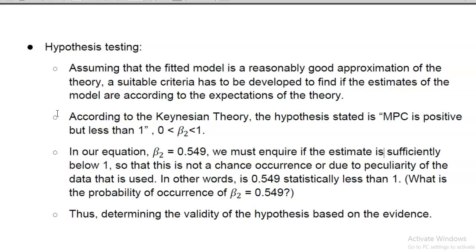We have to establish it statistically, to test whether it is significant enough to say that this model can be used for future reference also. You have various tools, like the student t-test or the chi-square test, and we check the significance of this value of beta 2 hat which we derive. That is done in hypothesis testing.